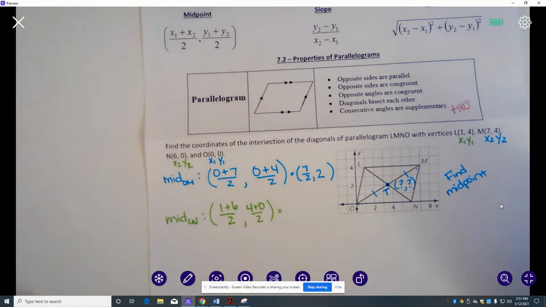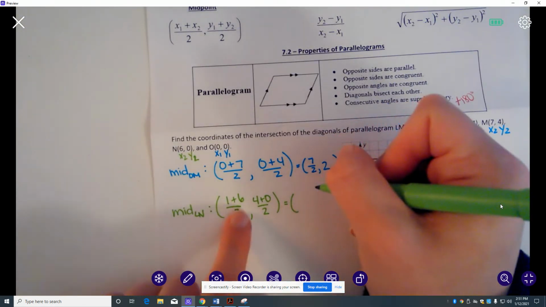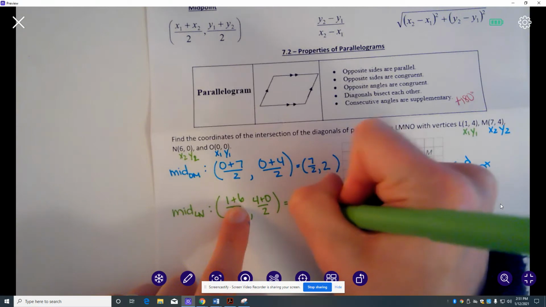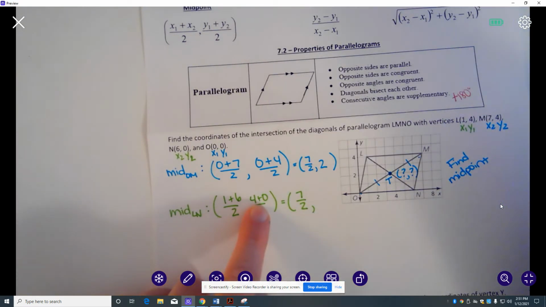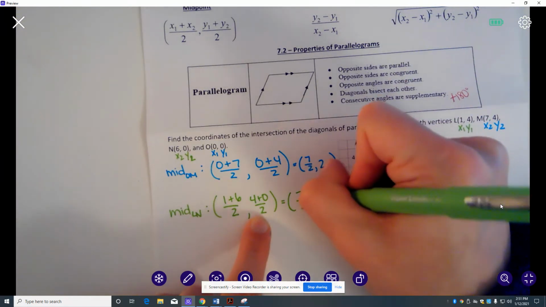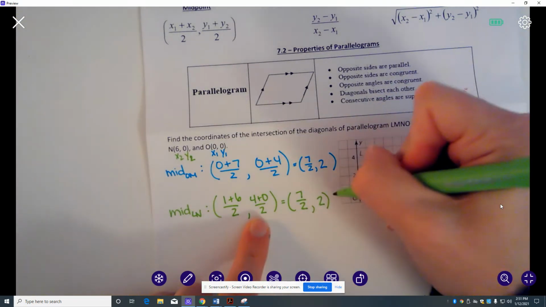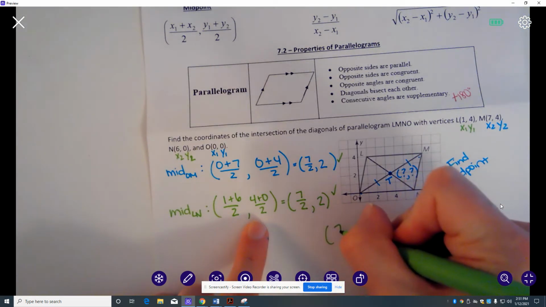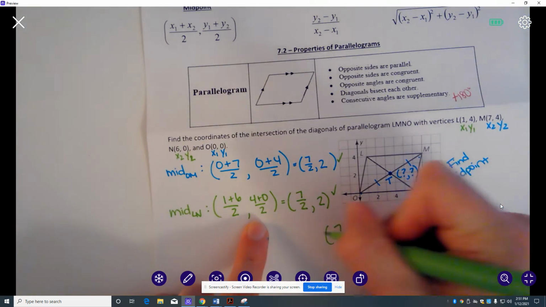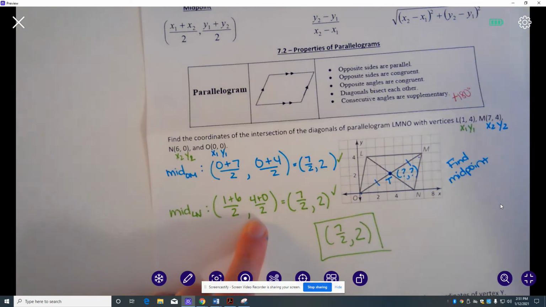I'm going to go ahead and simplify this. 1 plus 6 is 7, and 7 over 2, I'll leave that as a fraction. 4 plus 0 is 4, and 4 divided by 2 is 2. They check out to be the same, so this intersection is located at the point (7/2, 2), and that's my final answer.